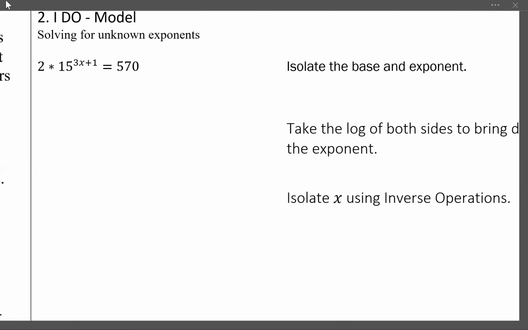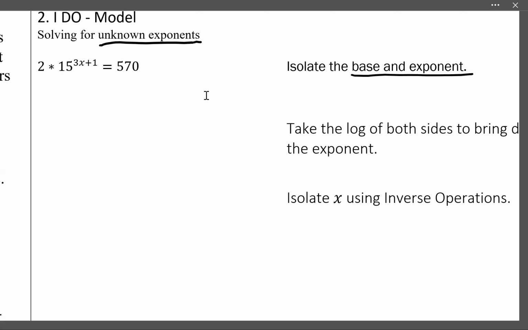Okay, last part of the I do, and the most important one, is solving for unknown exponents. You can see that x is an exponent here, and that's what we need to solve for. And we can solve for that exponent by using logarithms. So first, we need to isolate the base and exponent, meaning to get to this x, we need to get to this.